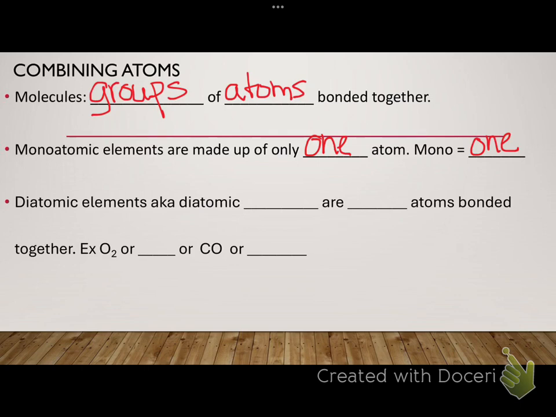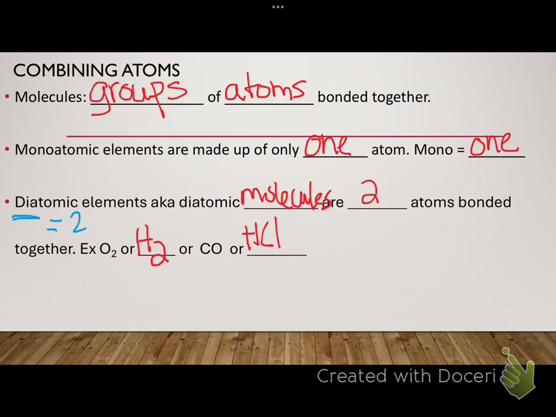which leads us to diatomic elements, which are also sometimes called diatomic molecules, and they are two atoms bonded together. Just like we said, di means two. An example would be O2 or H2 or CO or HCl.